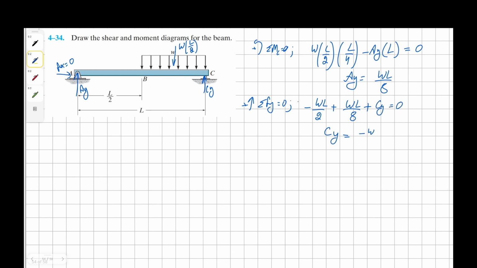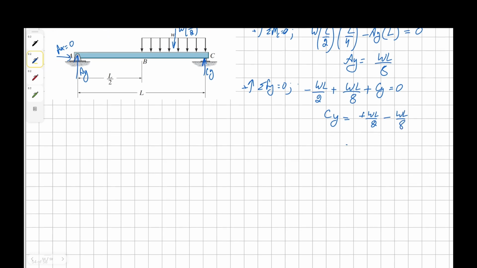Moving WL over 2 and the positive WL over 8 to the other side, I'm going to take the LCM. You're going to have 4WL over 8 for WL over 2, and then for WL over 8, simply WL over 8. All equals, and solving this, we get our solution as 3WL divided by 8 for CY.